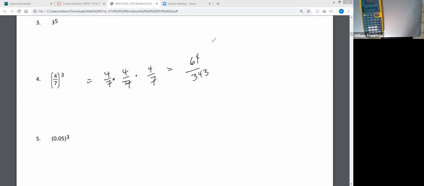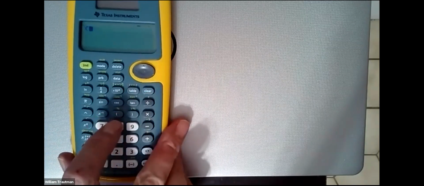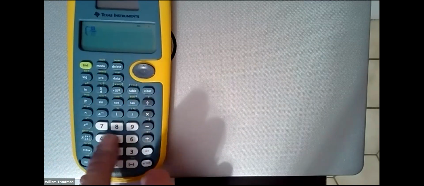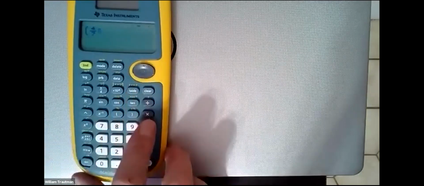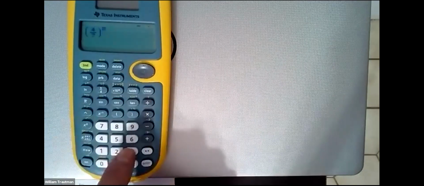Do you see how it's in parentheses? If I have a problem like that, I'm going to write it down exactly as I see it. So it was 4/7 to the third power, but the 4/7 was in parentheses. So I'm going to type in parentheses, fraction 4/7. Arrow over, close my parentheses, and then raise it to the third power.